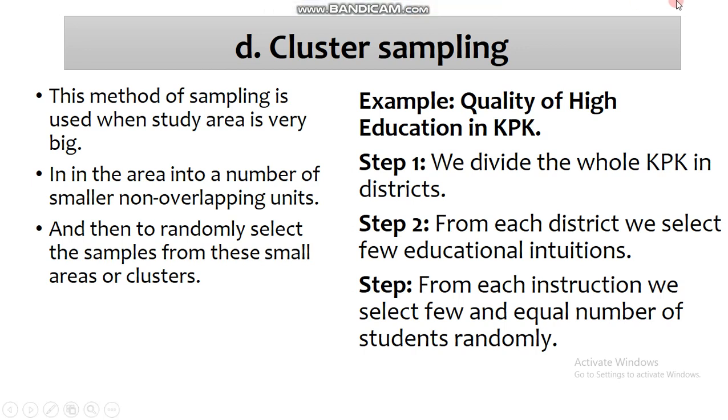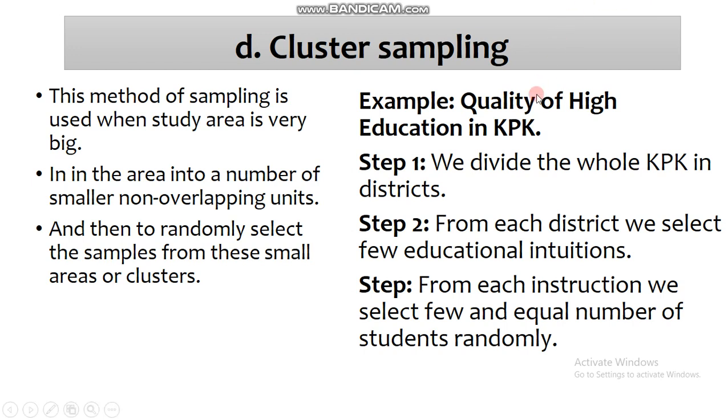Then we divide our whole area into a number of smaller groups, but the most important thing is that these smaller groups of the area or population do not overlap. We divide the area into non-overlapping units, and then we randomly select the sample from these clusters.